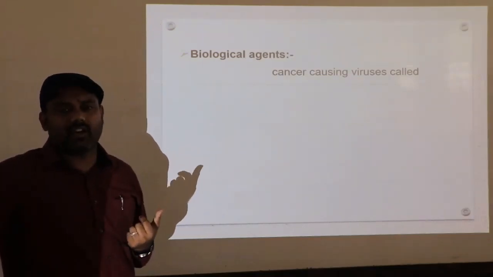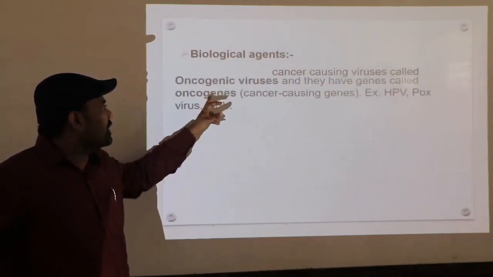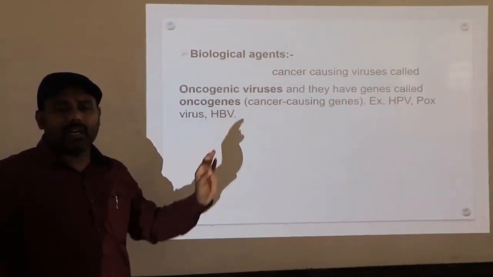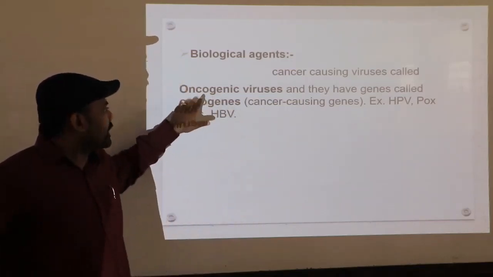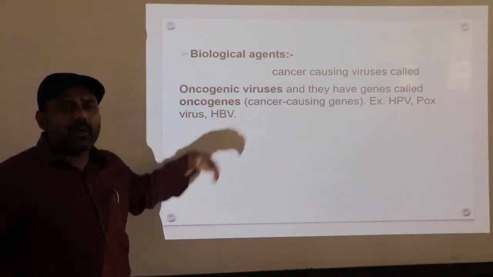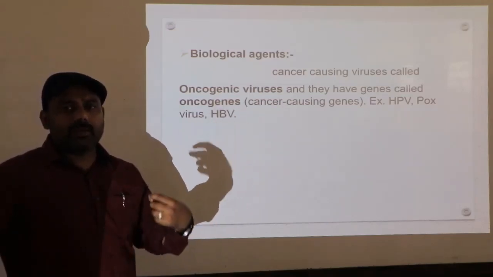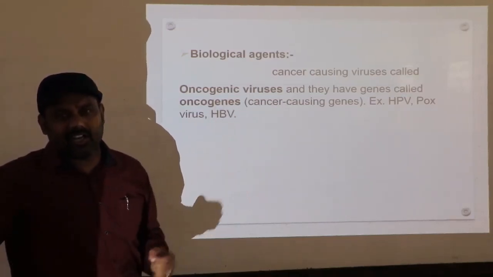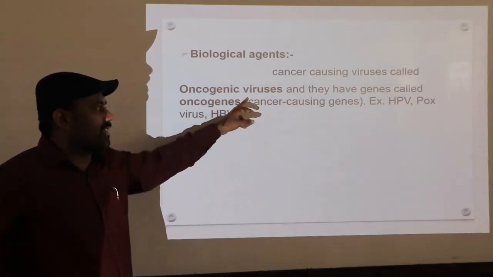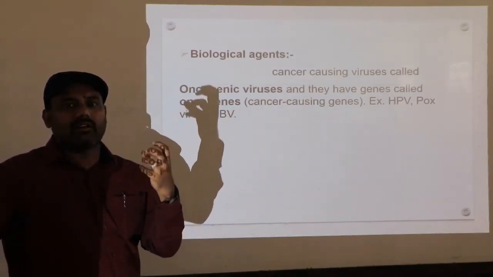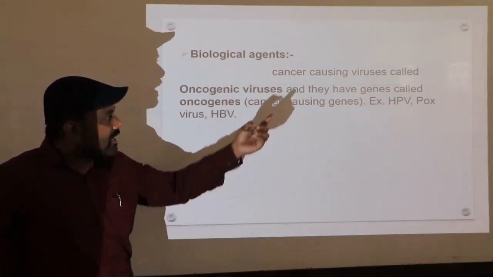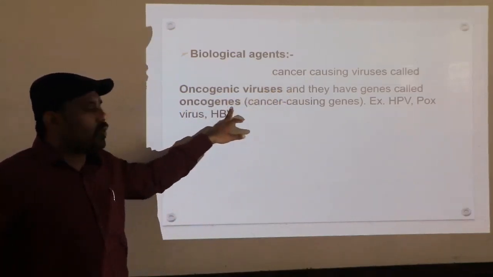Those viruses are called oncogenic viruses. I told you, oncology means study of cancer. Onco means cancer, genic means producing. So cancer-producing viruses are called oncogenic viruses, and they contain genes called oncogenes.